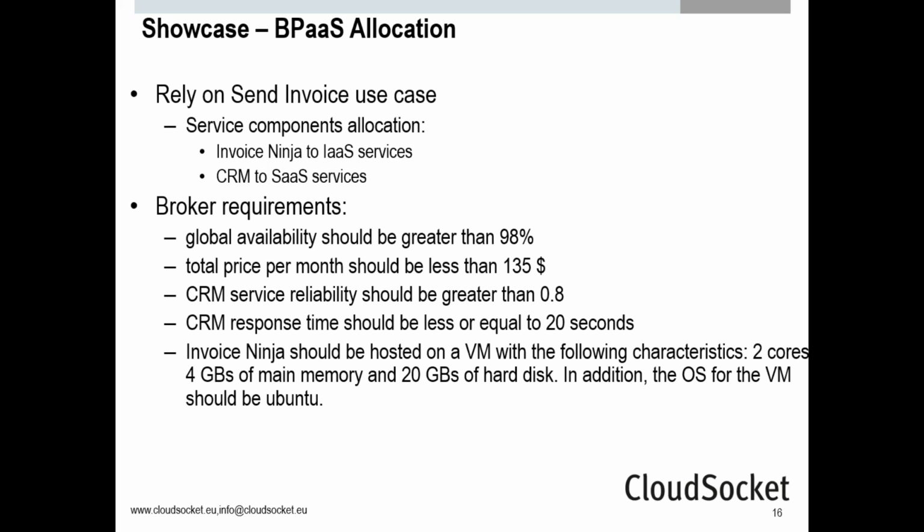Then we have local requirements for the CRM SaaS service: its reliability should be greater than 0.8, and its response time should be less than or equal to 20 seconds. And for the Invoice Ninja software component, we impose the requirement that it has to be deployed on a virtual machine with 2 cores, 4 GB of main memory, and 20 GB of hard disk, and its operating system is Ubuntu.